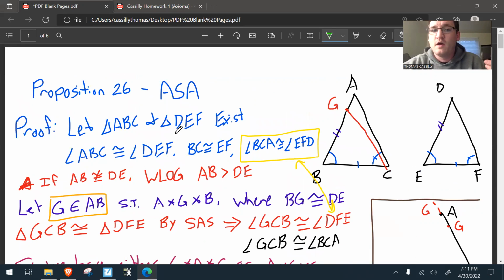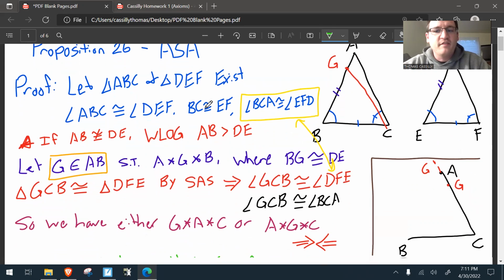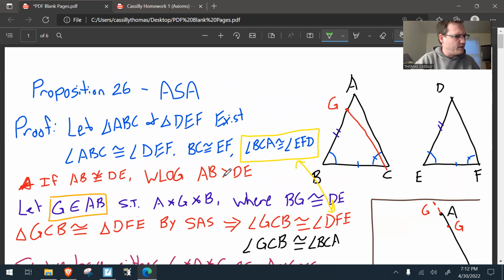Now, the next part of proposition 26 is the angle angle side proof, and it's a similar argument. You do a proof by contradiction. You use the side angle side theorem. Very similar to this one. So in the interest of time, this video is getting a little bit long, I think I will go ahead and omit that one.